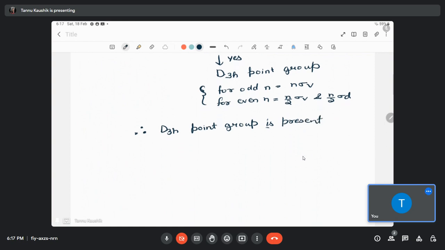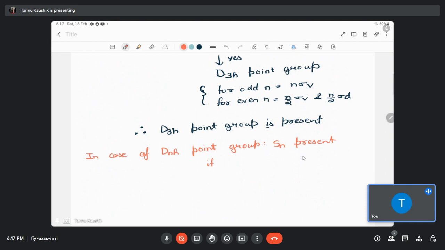Okay. So in case of DnH point group, we will have Sn present in the molecule.